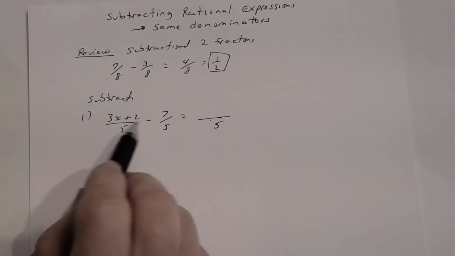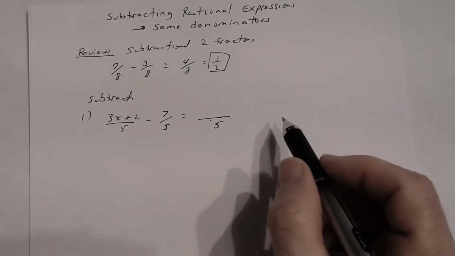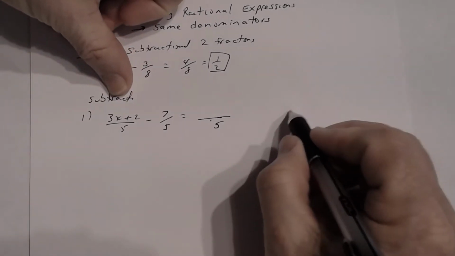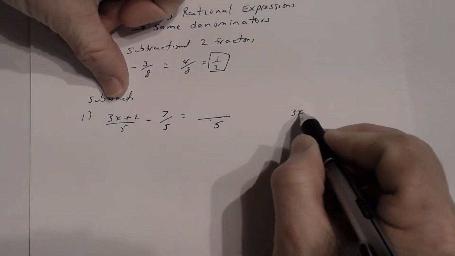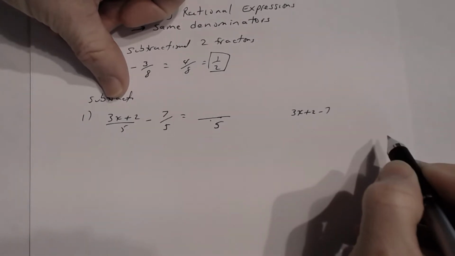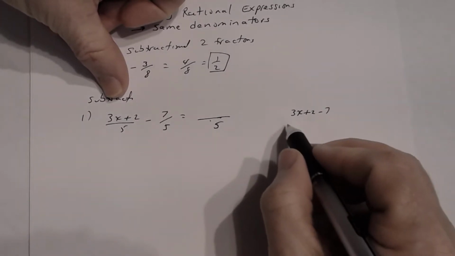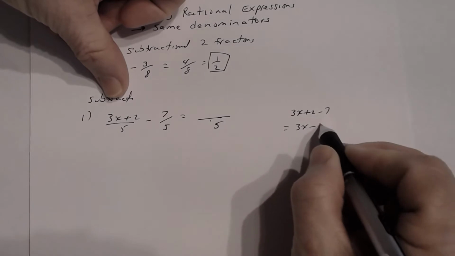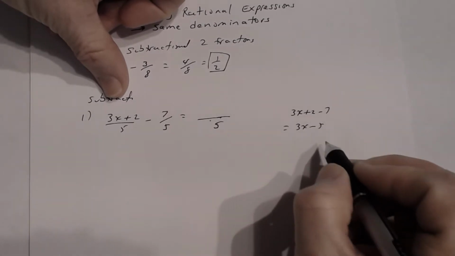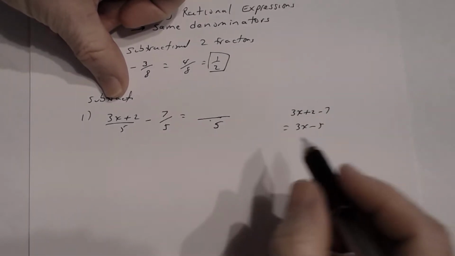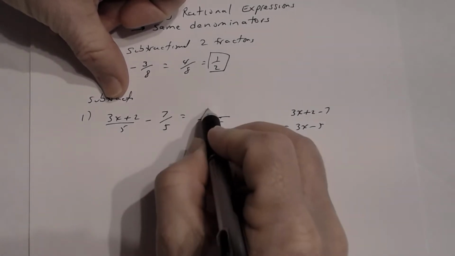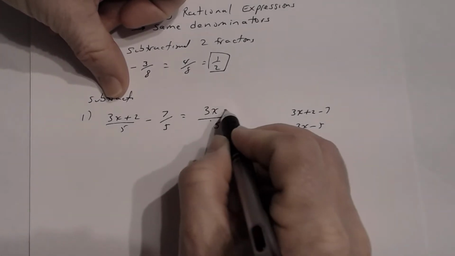Now I go off to the side and subtract the numerators: 3x plus 2 subtract 7. Combining like terms, I get 3x minus 5, because a positive 2 and a negative 7 is a negative 5. So the answer is going to be 3x minus 5.